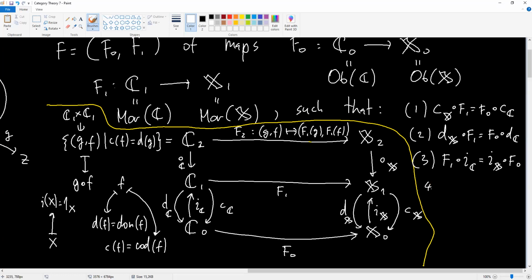And finally, the law we had for composition is the same as saying that F1 composed with the composition of C equals the composition of X composed with F2.